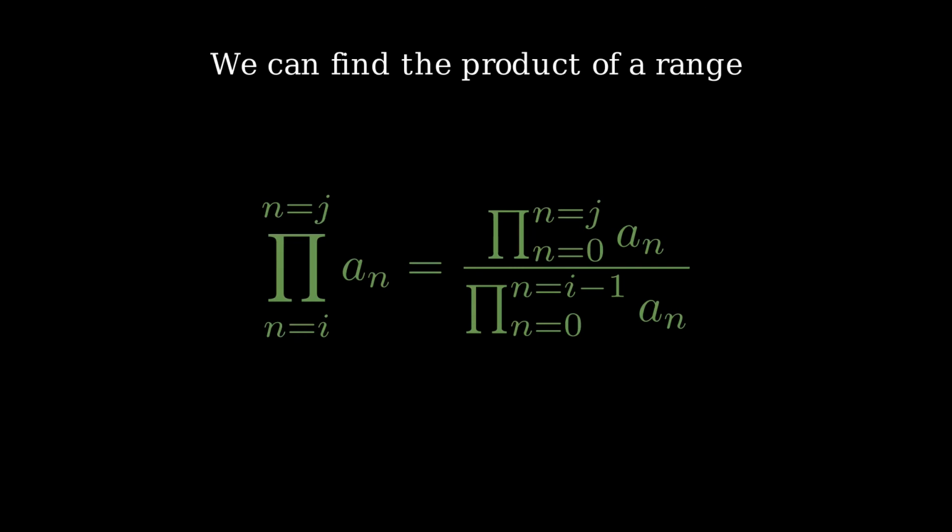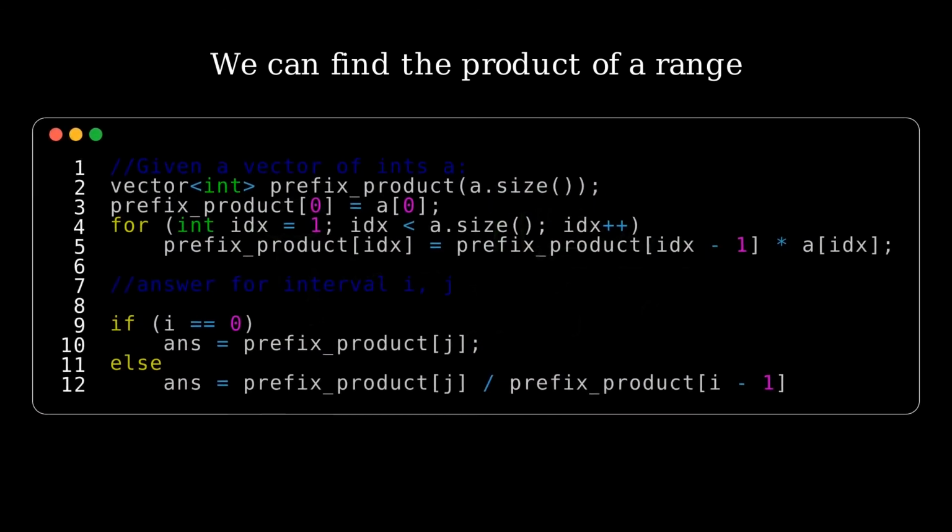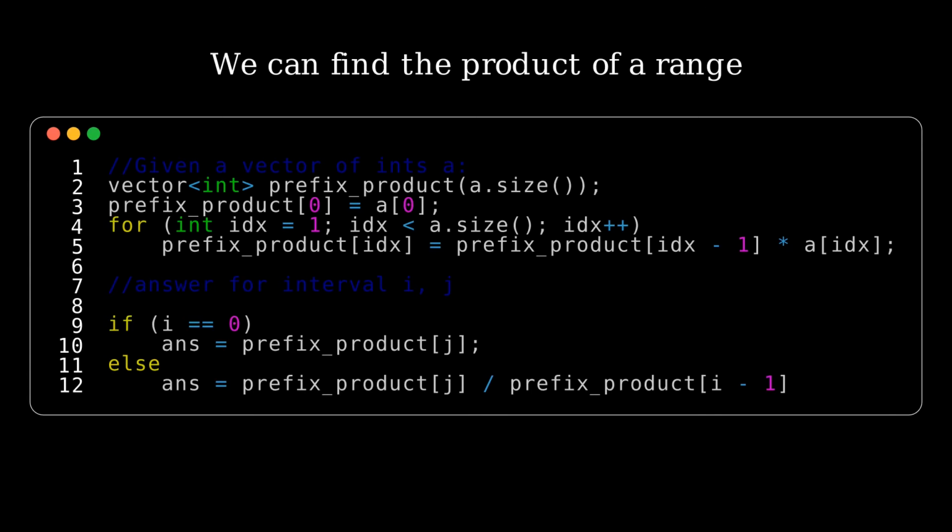And you can make sense of this relationship by linking addition to multiplication and subtraction to division. Since they act the same way, we could apply our previous technique to find the product of a range. The code for this application is pretty much the same.